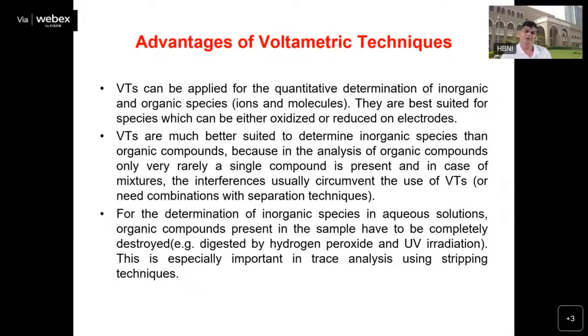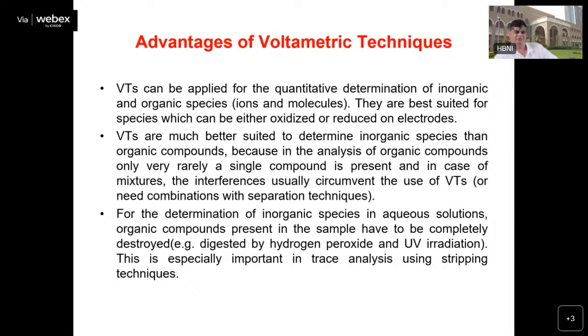Okay, and then here also, in the case of inorganic analysis, as I told you in my first lecture itself, whenever we are doing the determination of any inorganic analyte in any matrix, our first aim is to destroy the organic matrix.